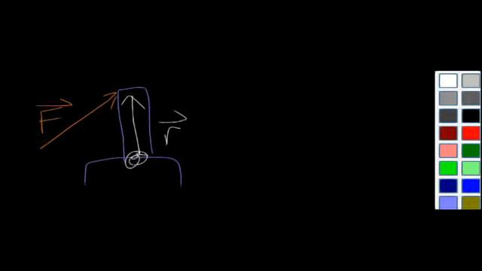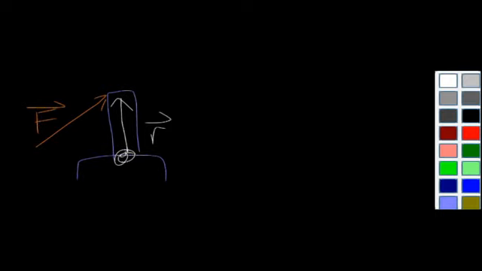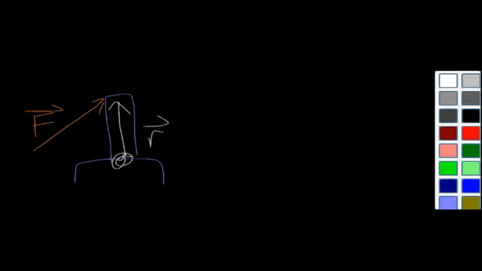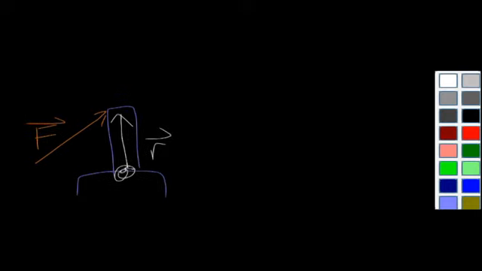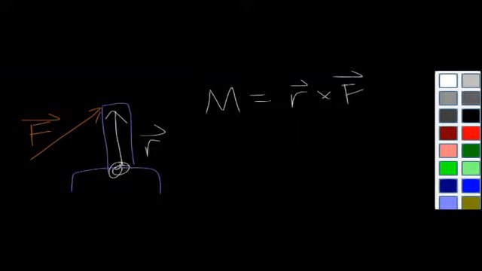So how do we take the moment? Well, hopefully you know what the cross product is. I have a couple of videos about the cross product, but essentially the moment is equal to R cross F, in that order.